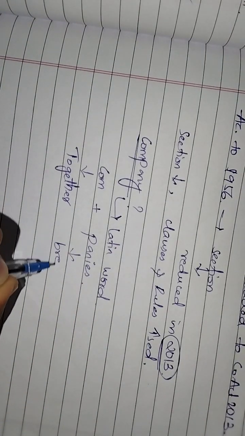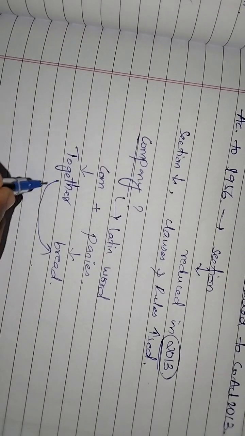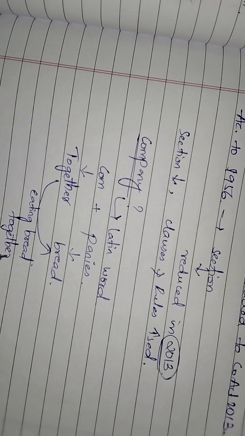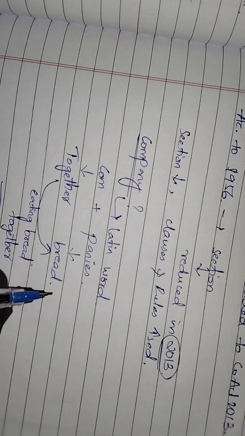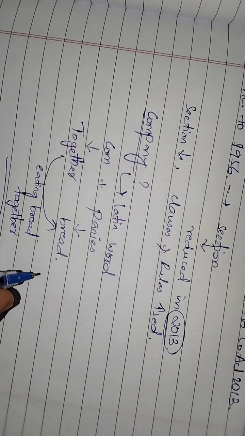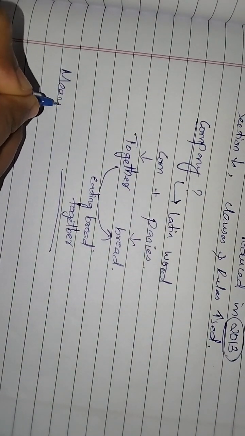Panis means bread. What do you mean by this? Eating bread together. I think it's a ritual followed by Latin people. It's like, just come and have the bread together.